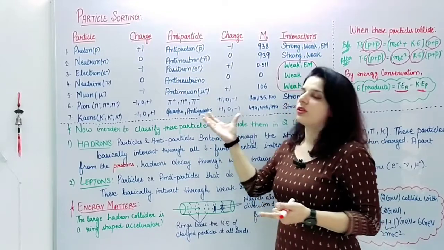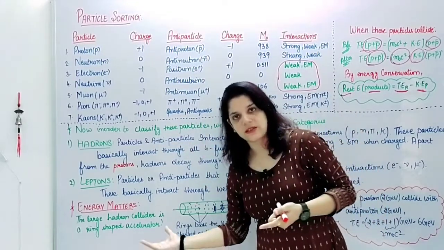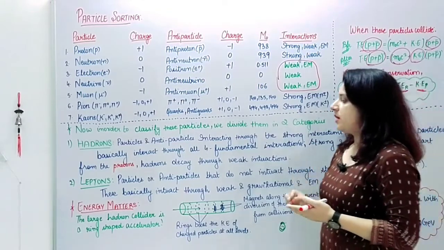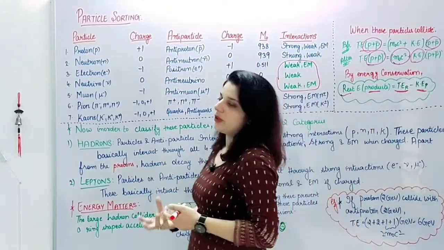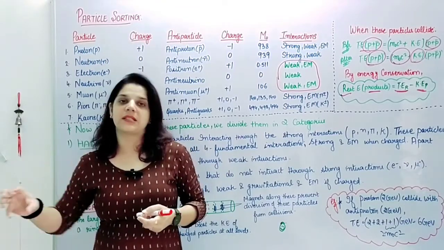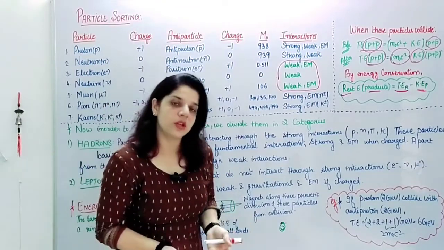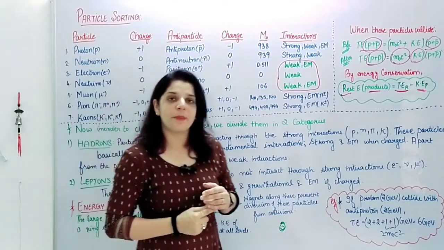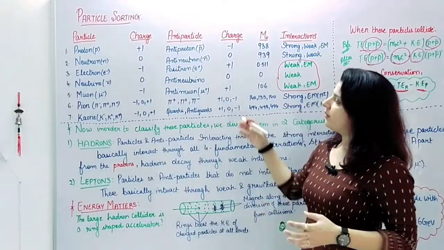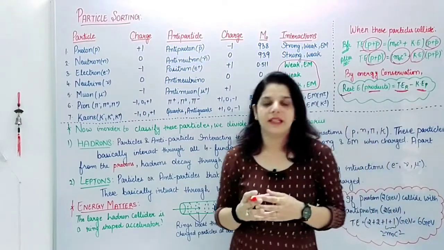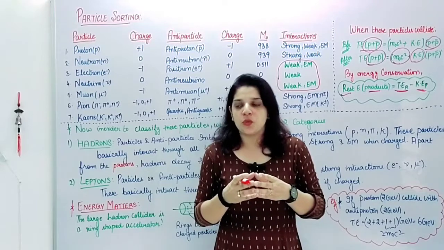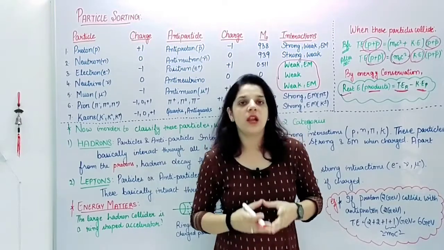Then we talked about the broad classification in terms of hadrons and leptons, how we make them react, and the significance of rest mass energy in overall collisions. Now the next topic is baryons and mesons, which will add to this list, and then finally we'll be making our family chart. So for this video, this is all.